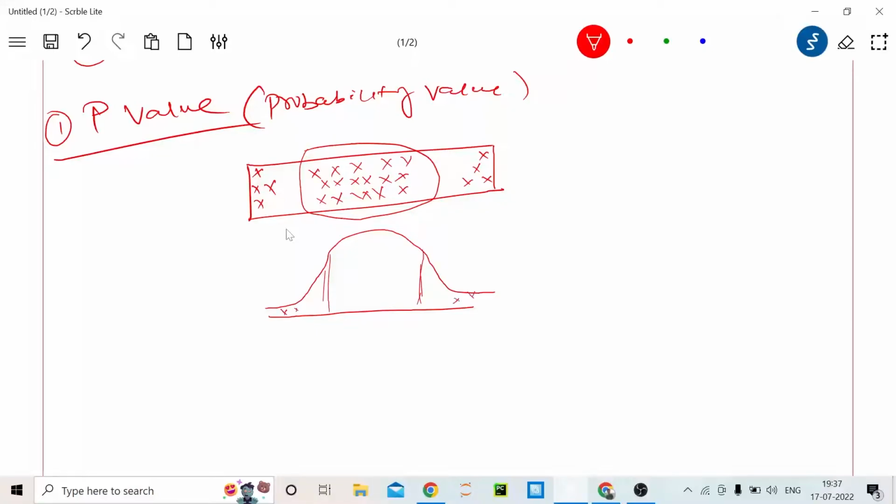Let's say the p-value is 0.8. That means we consider 80% of the time in the middle of the space bar. So the p-value is nothing but a probability value.